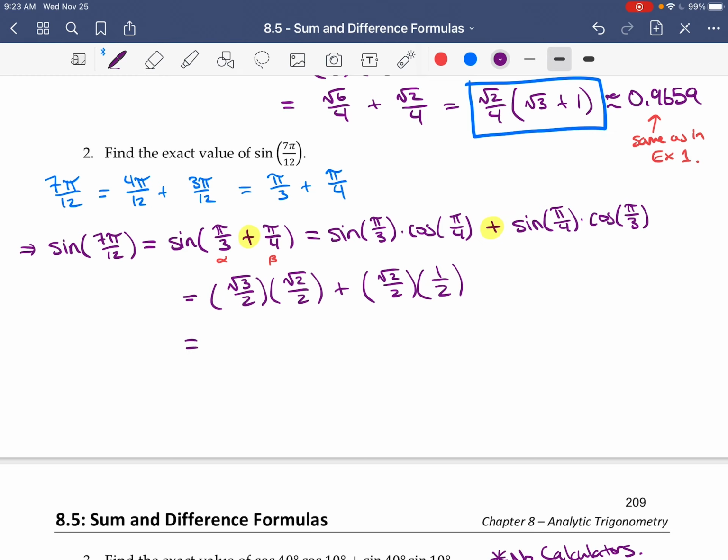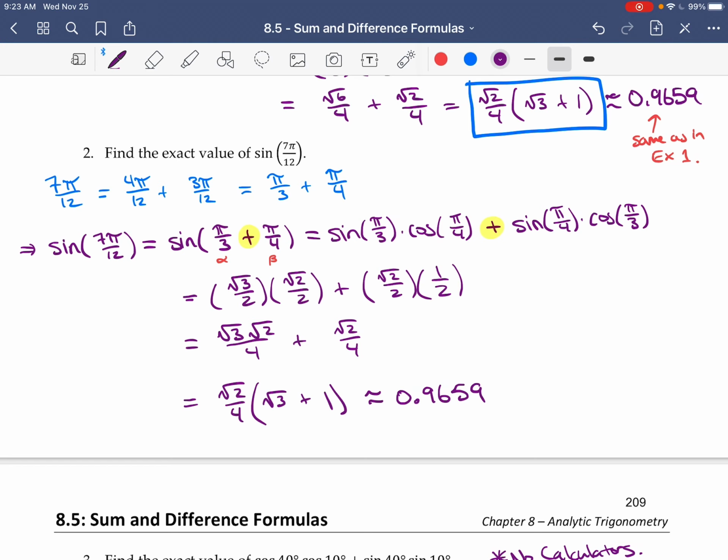So I get root 3 root 2 over 4 plus root 2 over 4. So I could take out the root 2 over 4, and then I get root 3 plus 1.